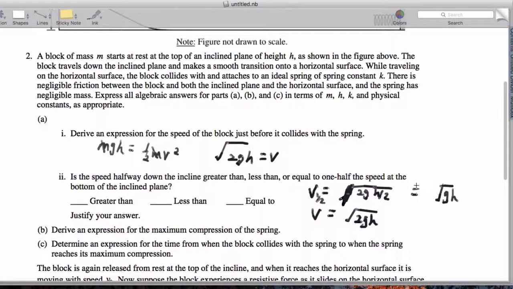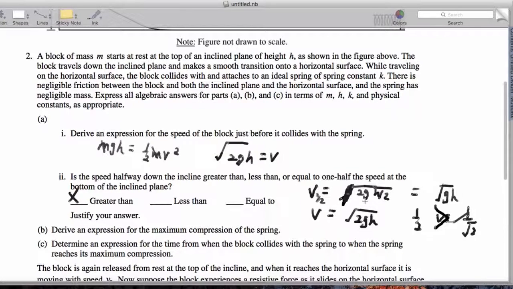So the issue here is 1 over 2 versus 1 over square root of 2 when I take these ratios. When I take the ratio of v halfway to v at the bottom, that's 1 over square root of 2, which actually is going to be greater than, since 1 over 2 is bigger than 1 over the square root of 2.